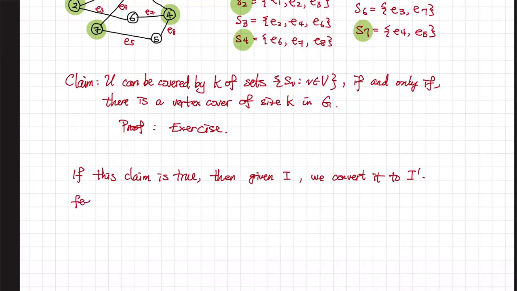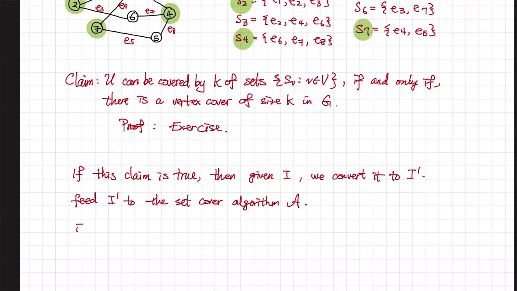And then we're going to feed this input I prime to the set cover algorithm A. If this algorithm returns yes, then we will also return yes to our problem I.